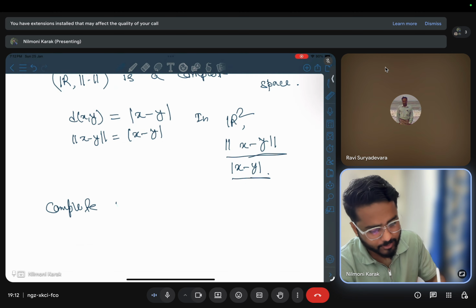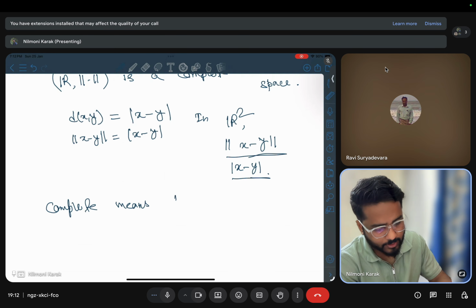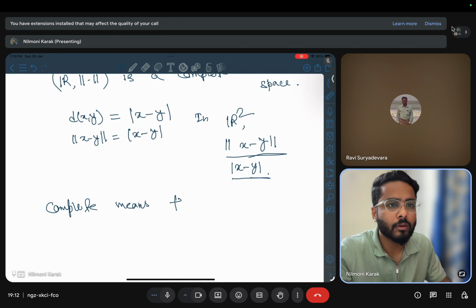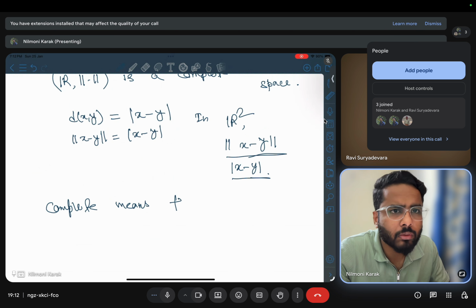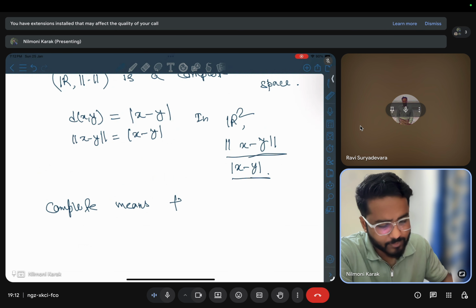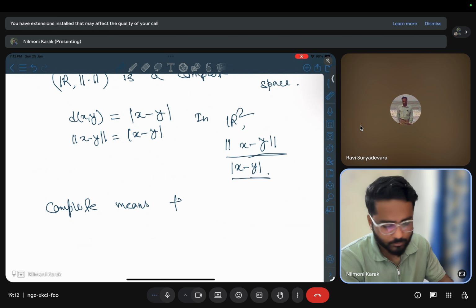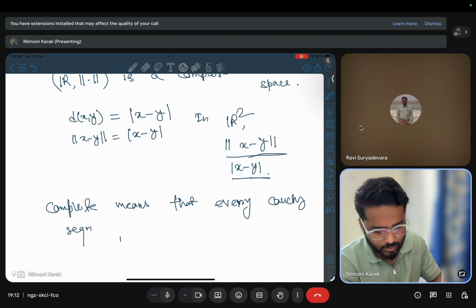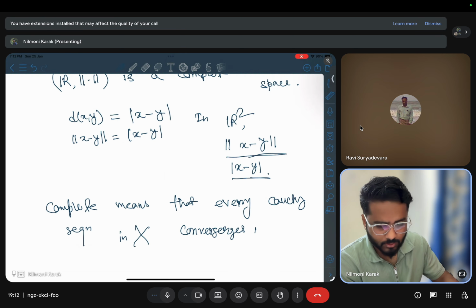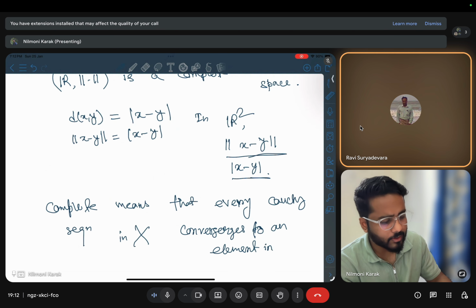Complete means that every Cauchy sequence in H, not H, here I'll write X, converges to an element in X.